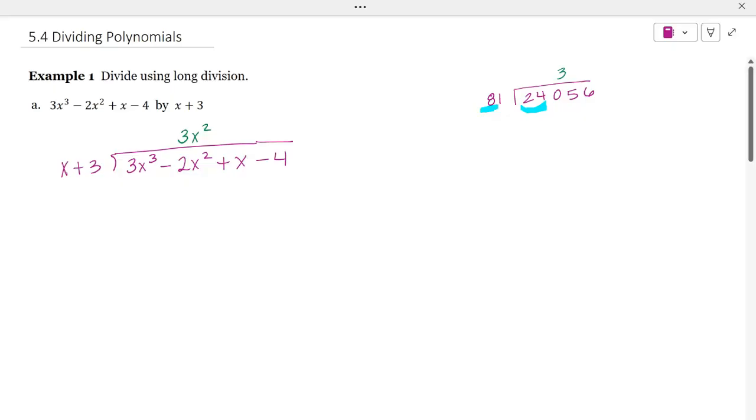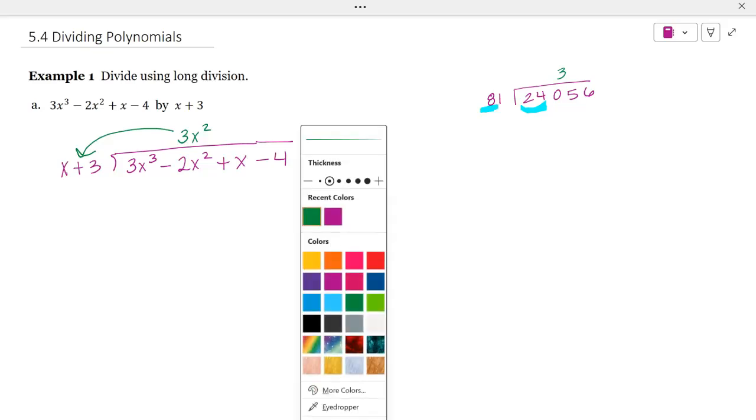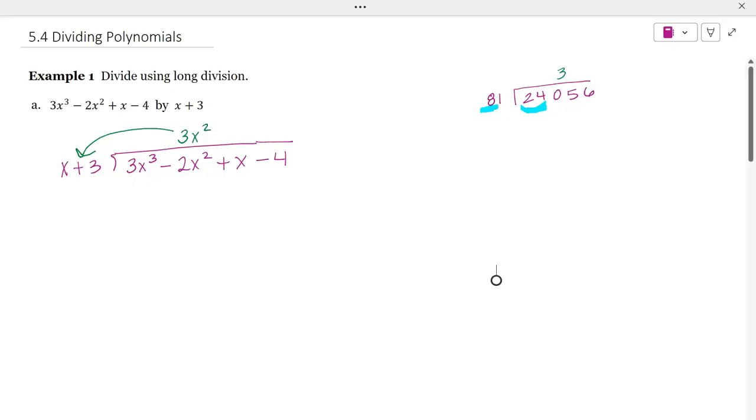Next, I'm going to take this number and multiply it by this binomial and write it underneath what I'm dividing into. So 3x squared times x would give me 3x cubed, and then 3x squared times 3 will be a plus 9x squared. All right, now here's the important part.